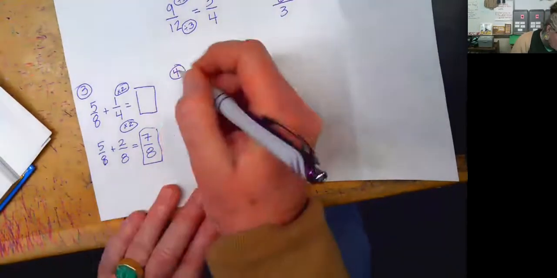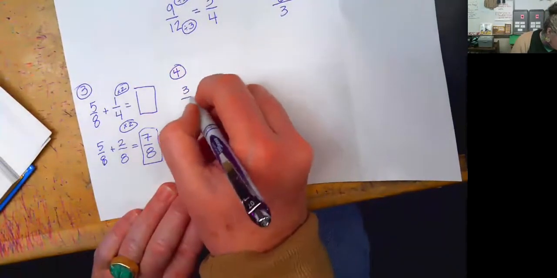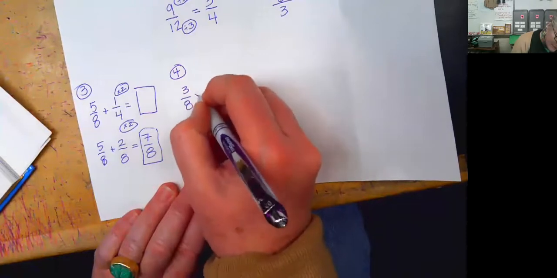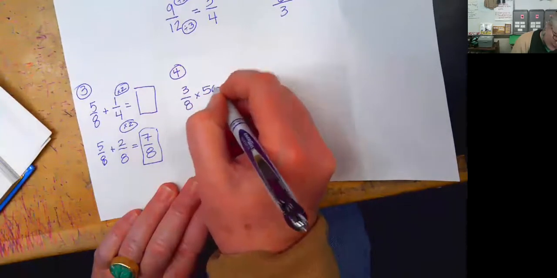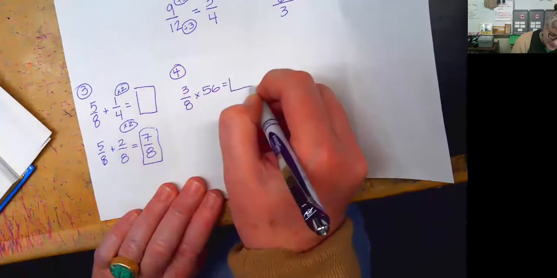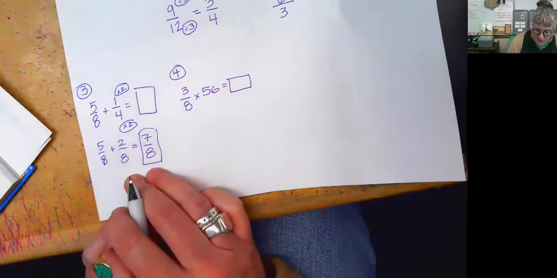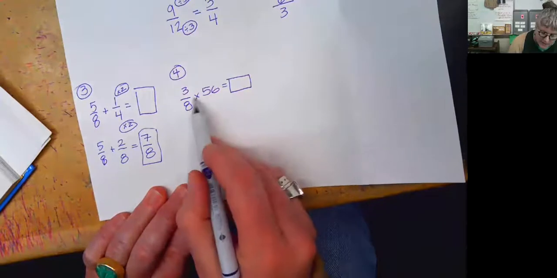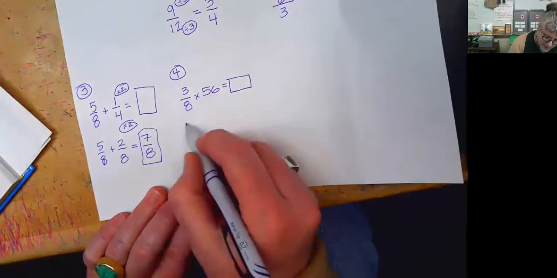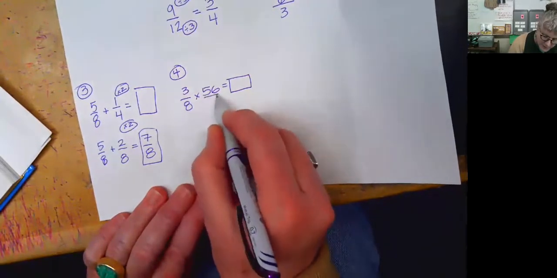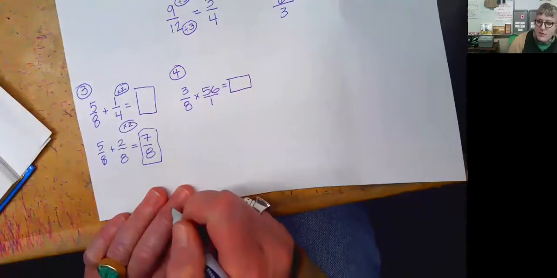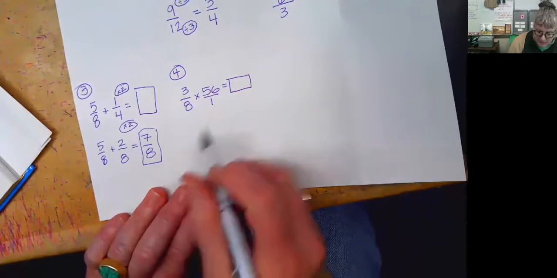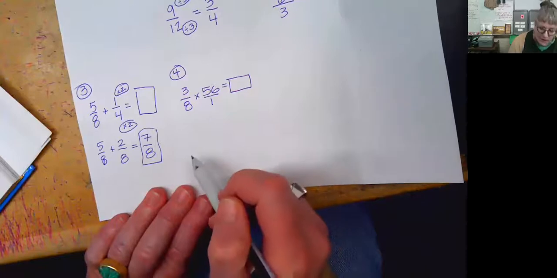So remembering back when we had fractions of a set, if we have this, it is going to get converted to this. I'm going to make this into a 1, because whole number 56 can become a fraction if you put a 1 underneath it.